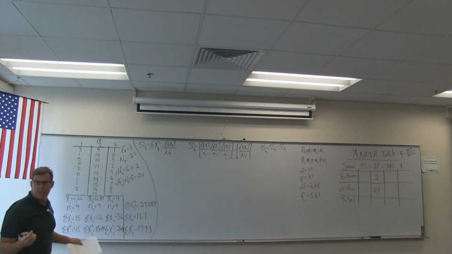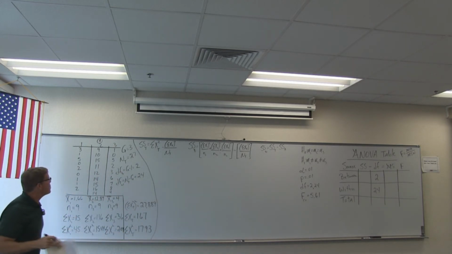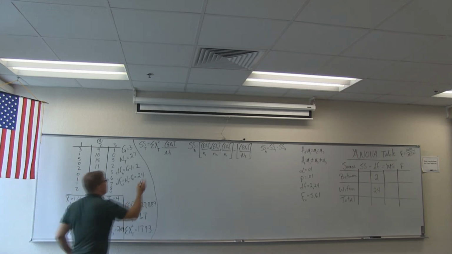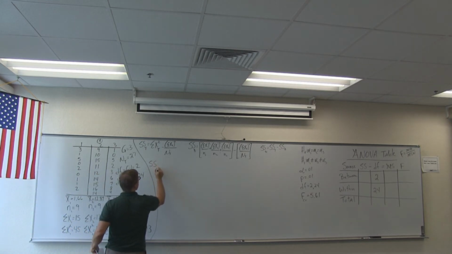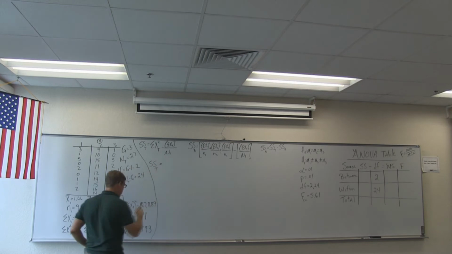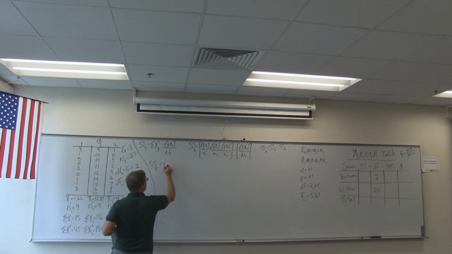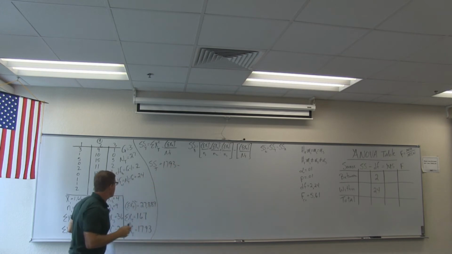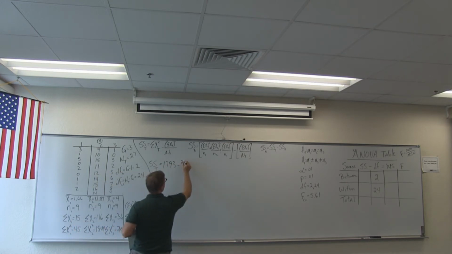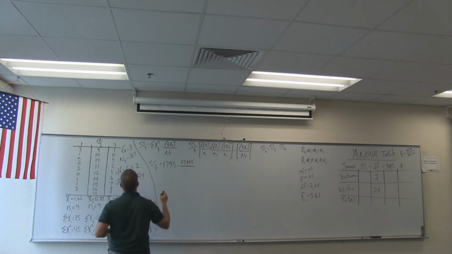Well, this isn't a variance, but it's a measure of variation called the sum of squares. We can now just fill in: sum of squares total is the sum x squared sub t, 1793, minus the sum x sub t quantity squared, 27889, over the capital N sub t of 27.